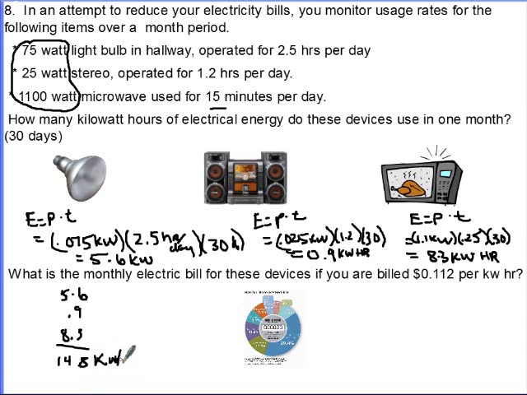When I multiply that by $0.112 per kilowatt hour, they would charge me about $1.65 for that energy.